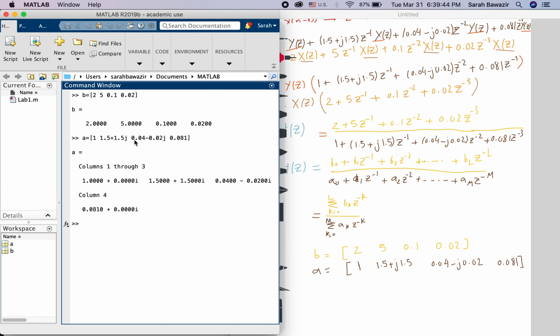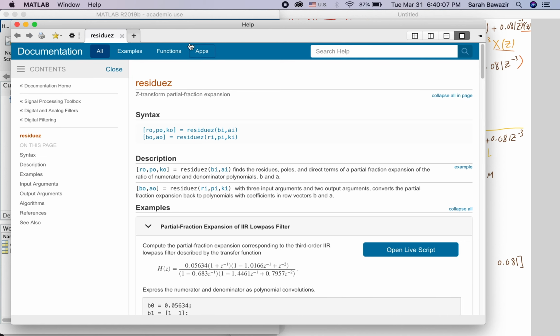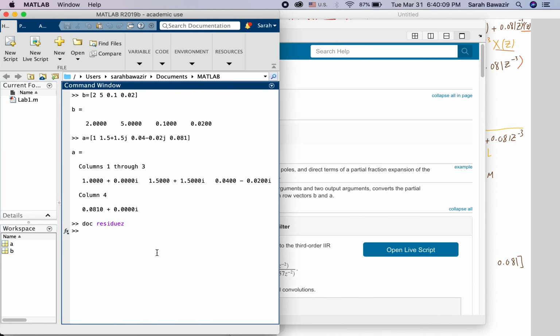Okay, now to find the partial fraction, we use a function called residuez. You can do doc residuez to know more about the function. I'll let you explore that on your own time, but I'll tell you that this is how you use it.